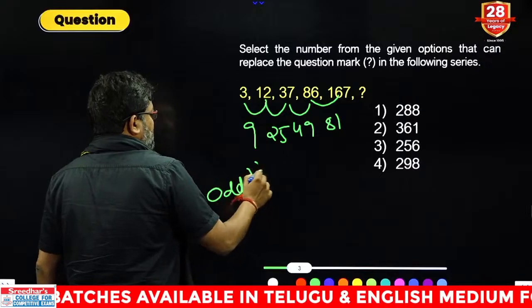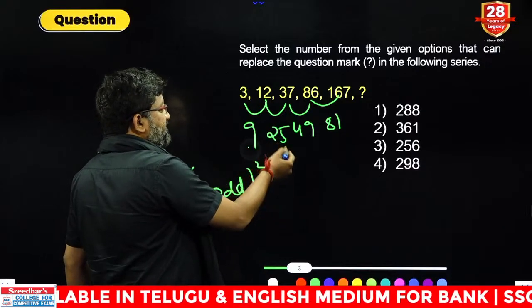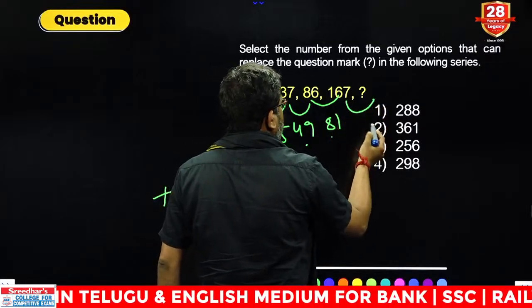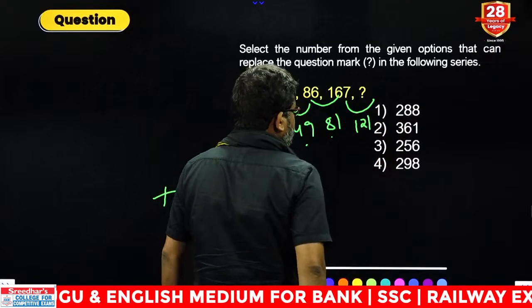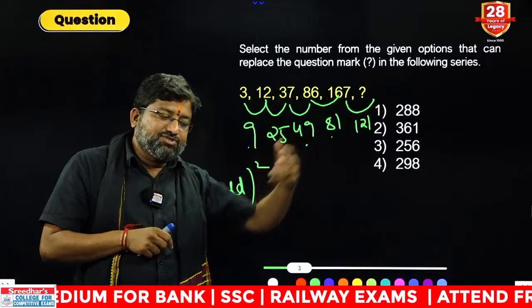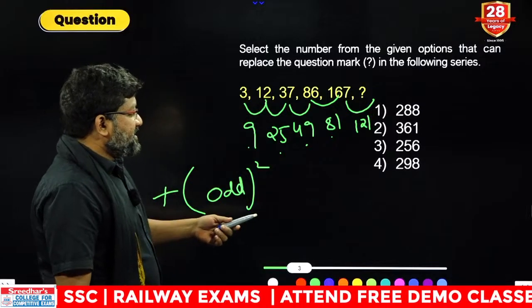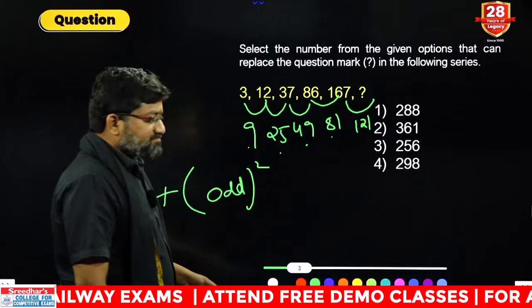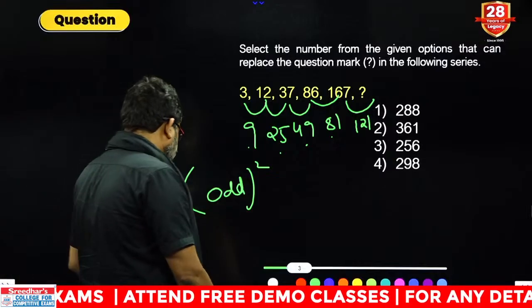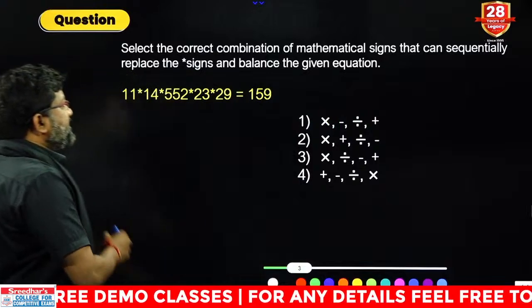Odd square plus odd square. 3 square, 5 square, 7 square, 9 square, 121, because 3, 5, 7, 9 are odd. If 3, 5, 7, 11 had come, then we'd go for prime numbers. So how much does it come to? 288. No option? Yes, very good. Many of you have answered this. Excellent.